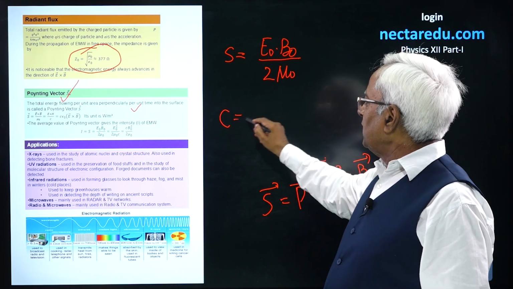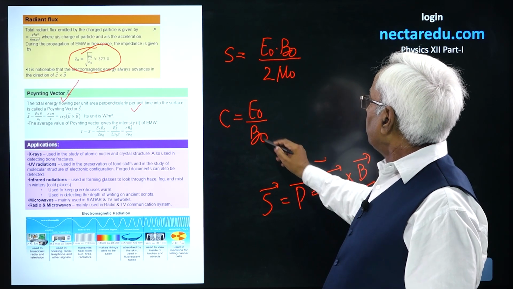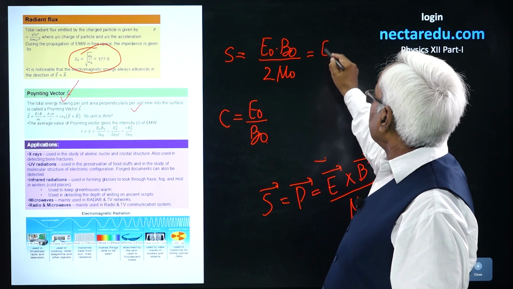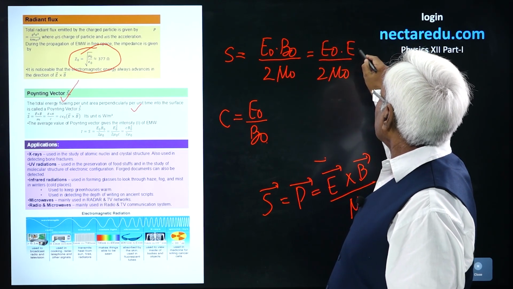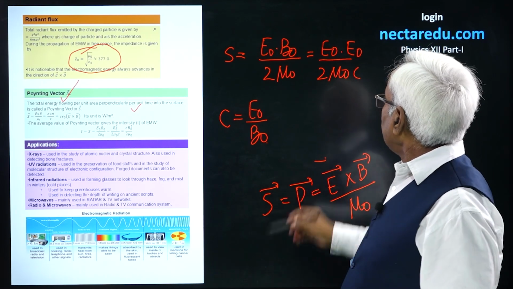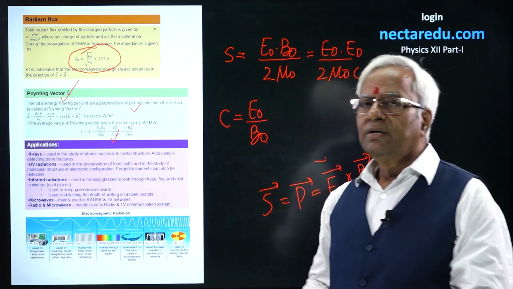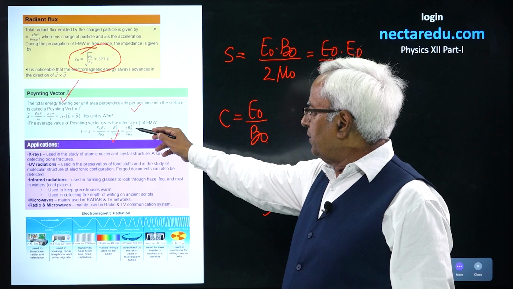You also know c equal to E naught upon B naught. So we can replace this B naught by E naught upon c. This gives E naught squared upon 2 mu naught c. It's written over here. Similarly, if you want to replace E naught in terms of B naught, you are going to get this result.